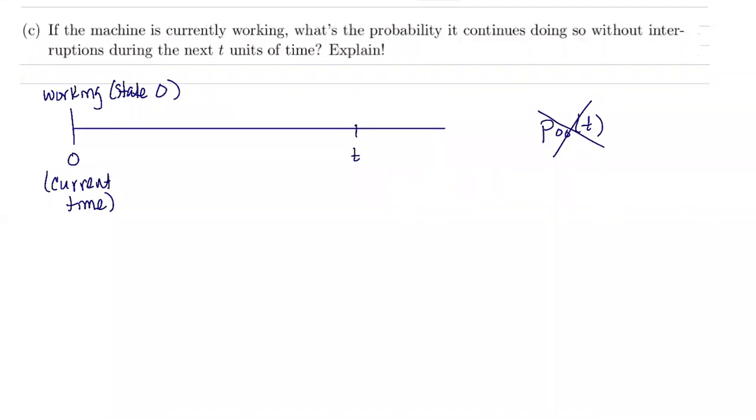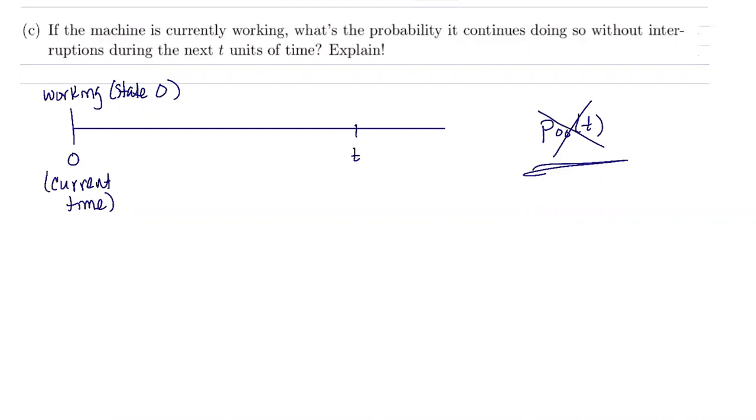And that's not what we want, because we want to make sure we've never changed away from state 0. So this thing I wrote down and crossed out could mean that in t units of time, we hit state 1 a dozen times in between, as long as we started and ended at 0.